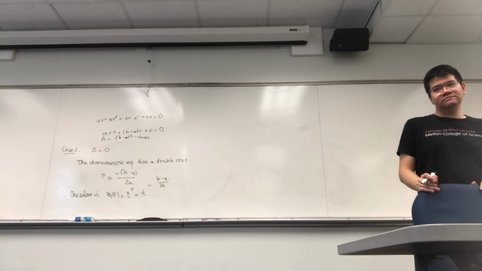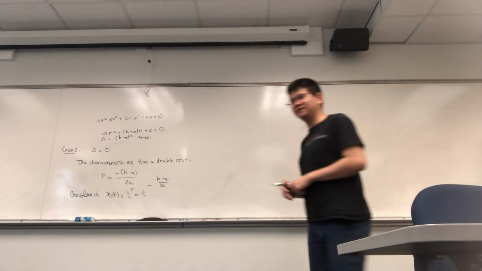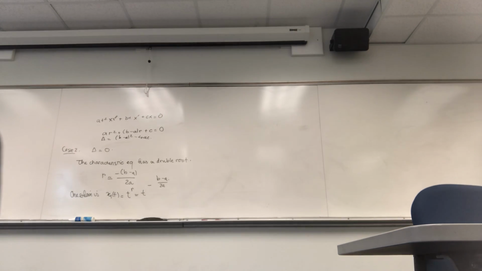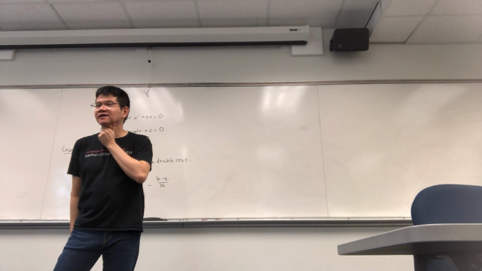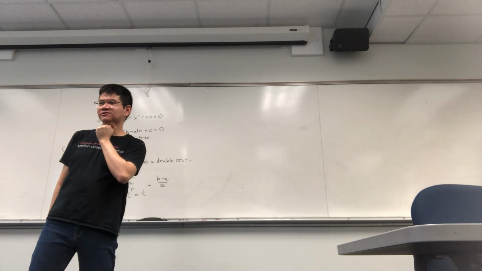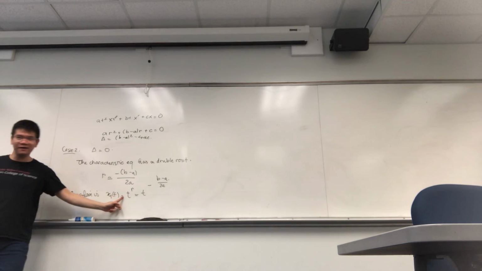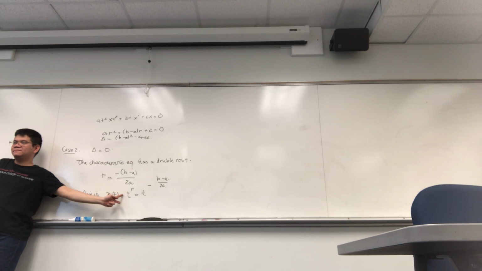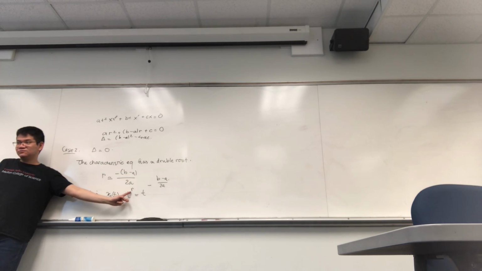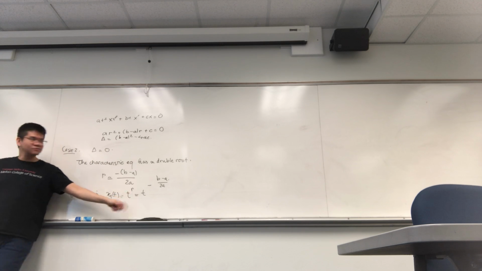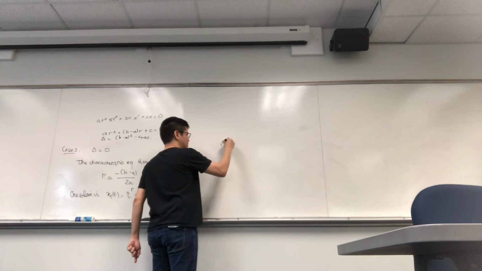So can you suggest to me the second solution? It'll be like r t to the r. But r is a constant already, right? So when you multiply that with r, it's still the same.